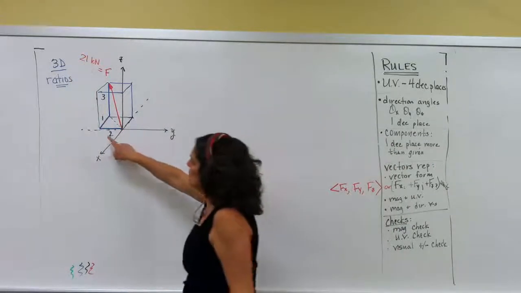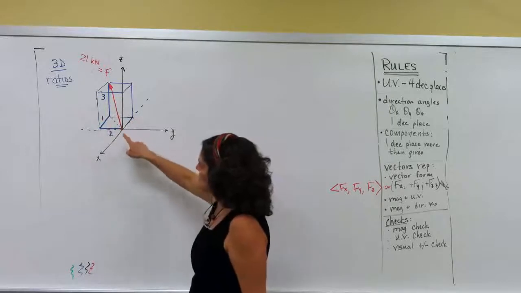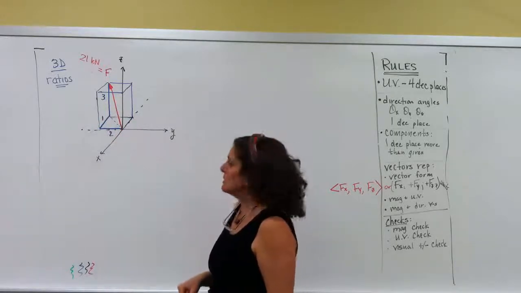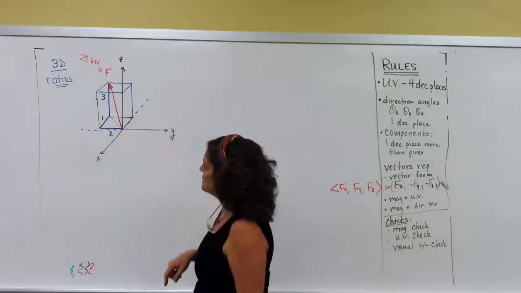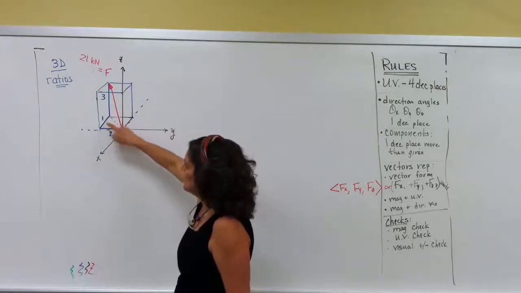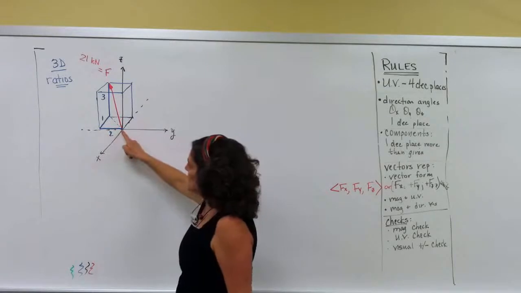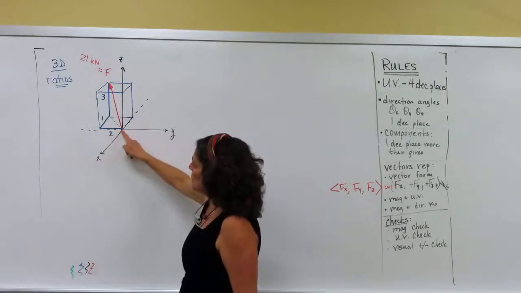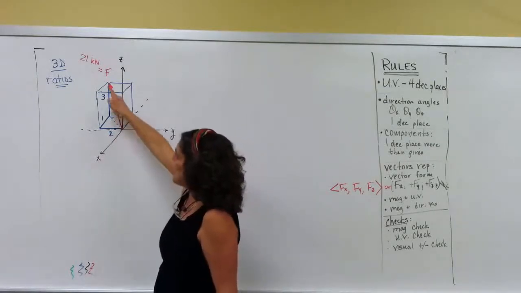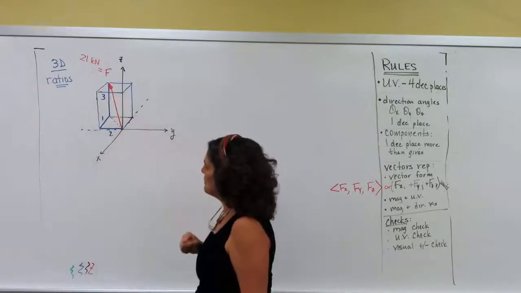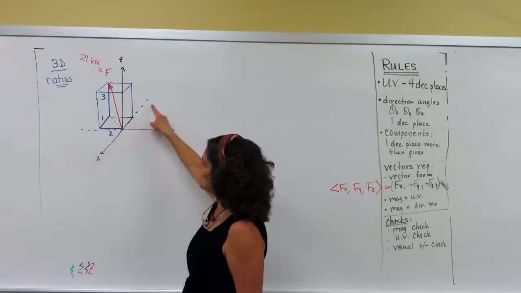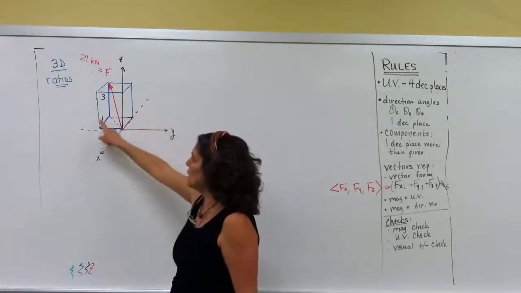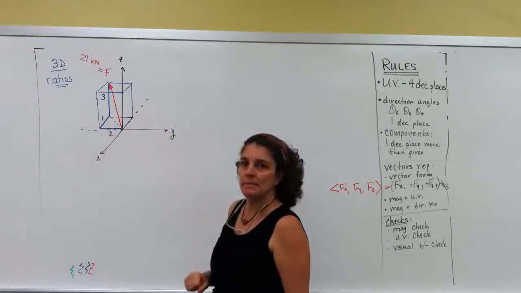Of the 1, 2, and 3, which is the distance in the x direction? Take a look at your x-axis, and which distance is parallel to the x? The 1. I'm going from the bottom front right corner of the box to the top left back corner of the box. So am I going in the positive x direction or the negative x direction? I'm going 1 unit, so it's a negative 1.